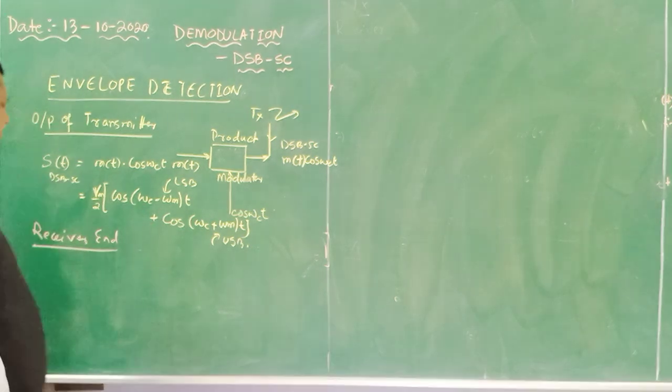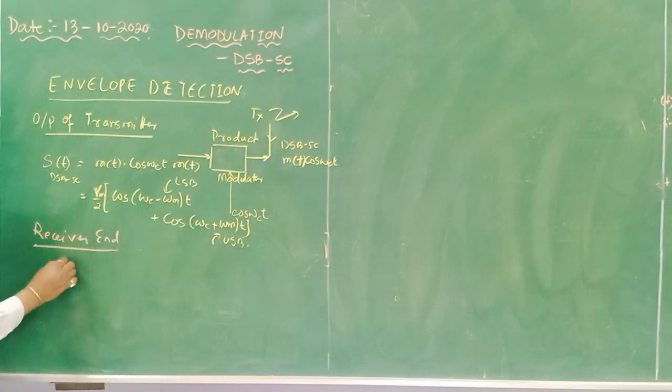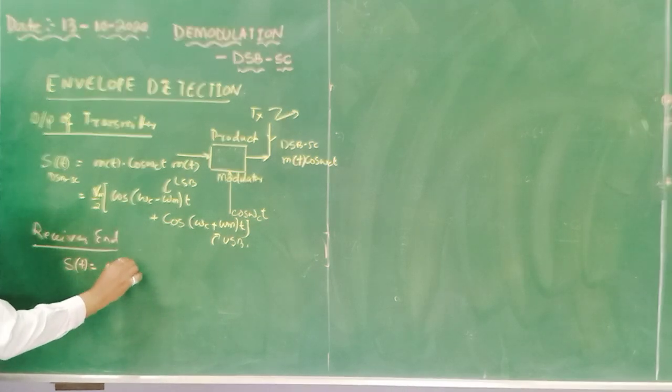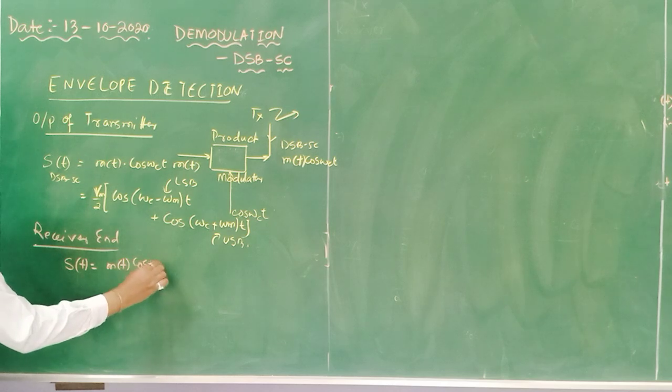For the DSB-SC signal, the received signal is s of t, which is m of t cos omega ct.